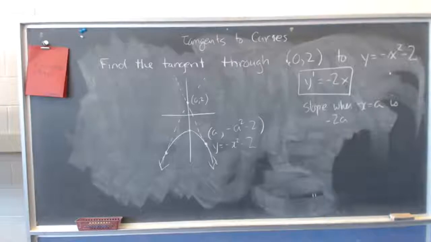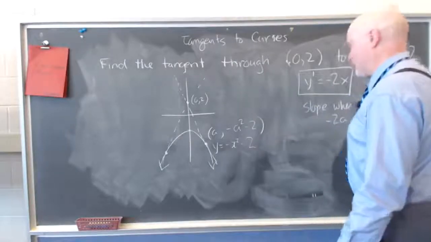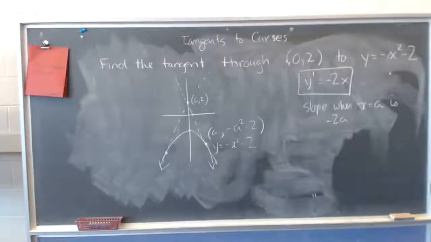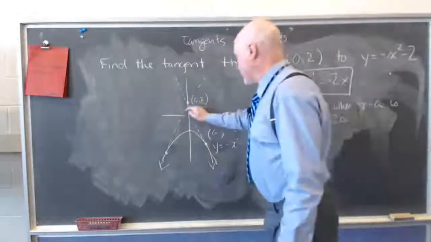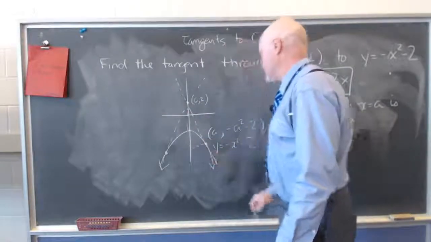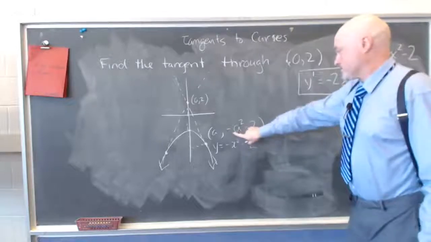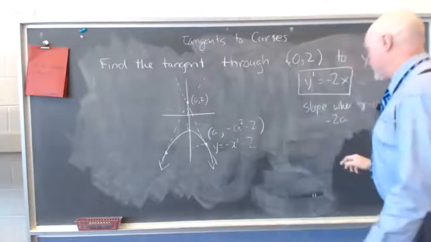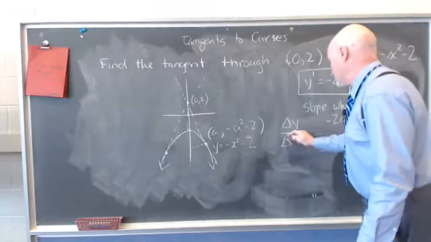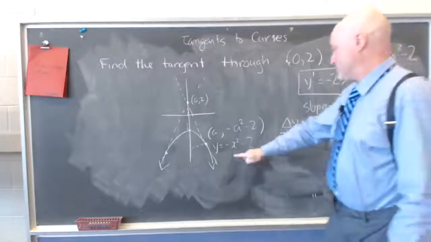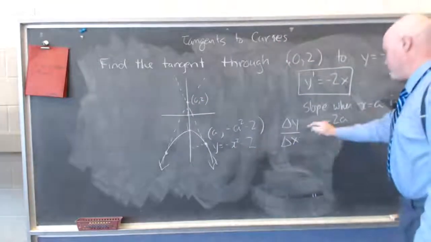All right, another way of looking at it is calculating the slope. So the change in y is negative a squared minus 2, which is my y coordinate up there.